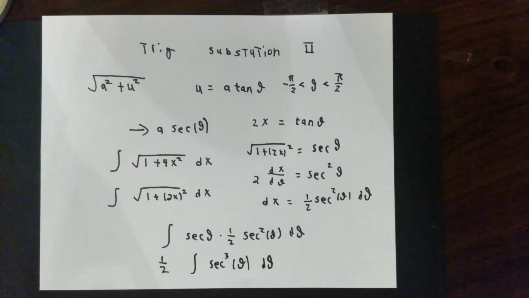Making what are now hopefully routine substitutions, I find out that I have to integrate 1/2 integral secant cubed theta d theta. If you look at the list of recipes, the suggestion is integration by parts.